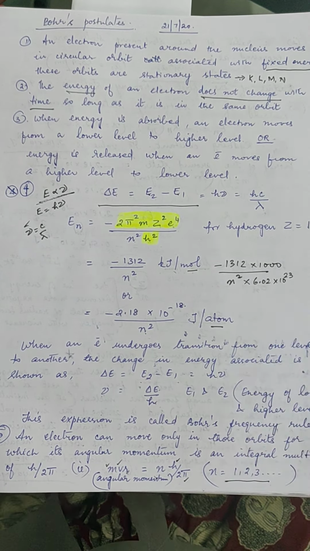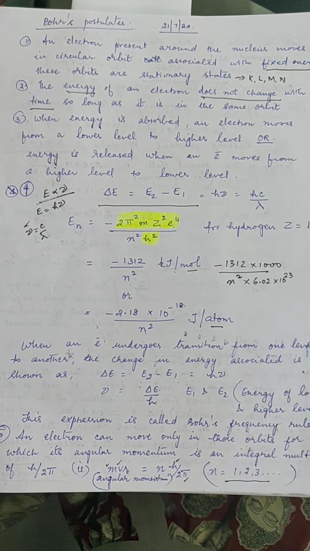Okay, now let us see, an electron is undergoing transition from one level to another. The first level is taken as initial, and where it is undergoing transition is called the final level. And I already gave you this relation, delta E is equal to E final minus E initial. Now let us put the energy value as minus RH. So what you will get?